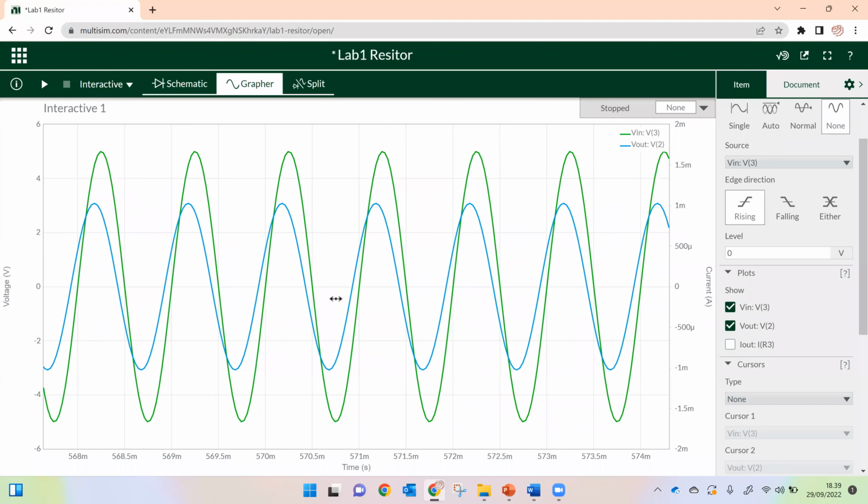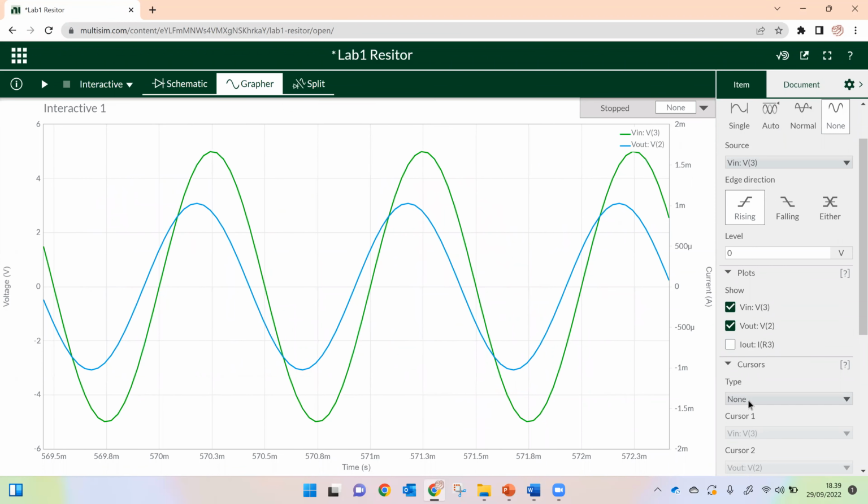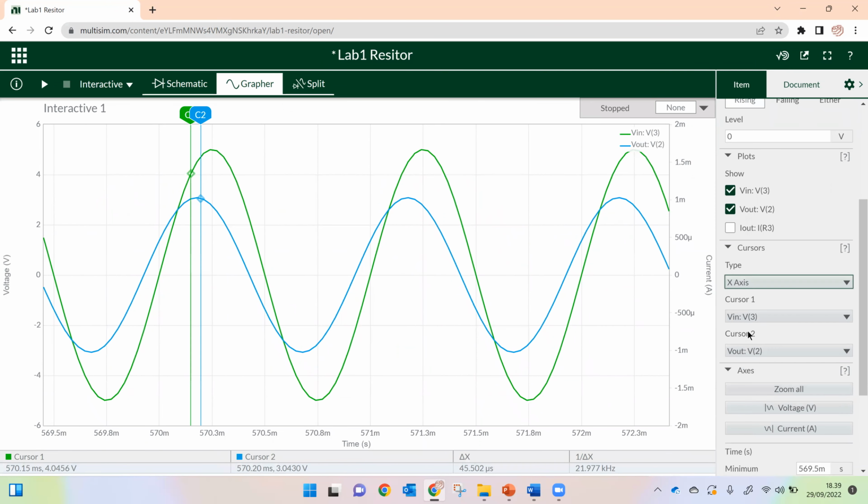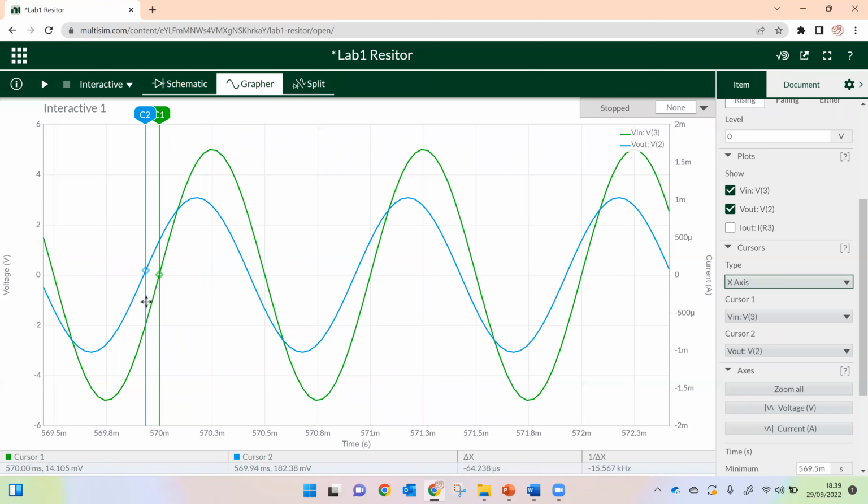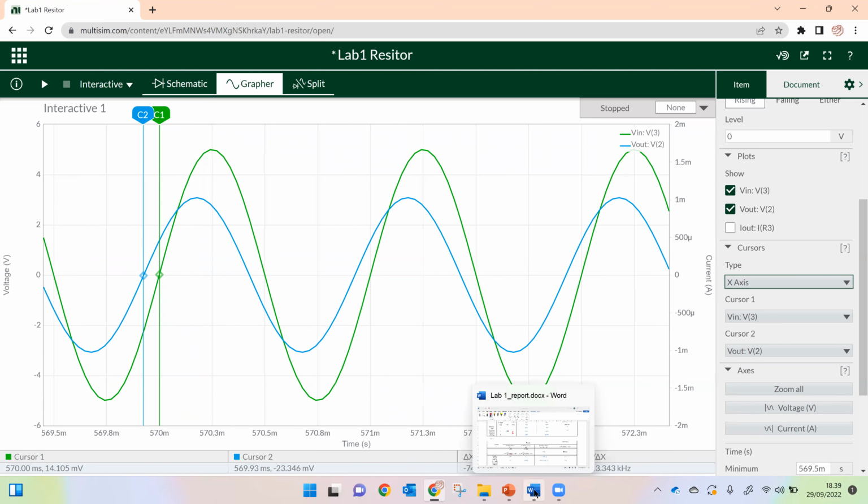Zoom it and bring the cursor from here. One is V input, one is V output. So this is input. This is output. Now you see this is minus 74.9 microseconds.